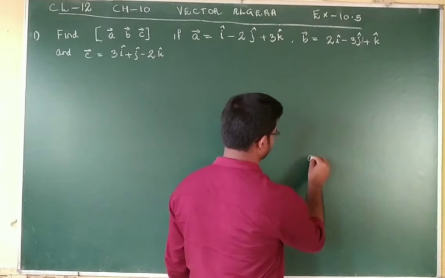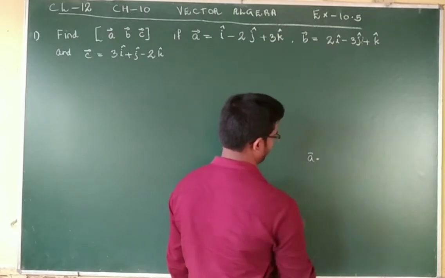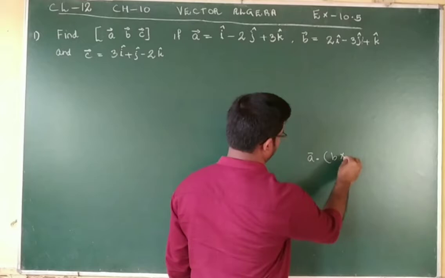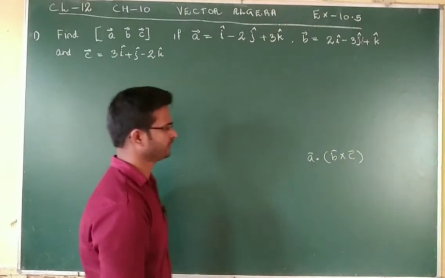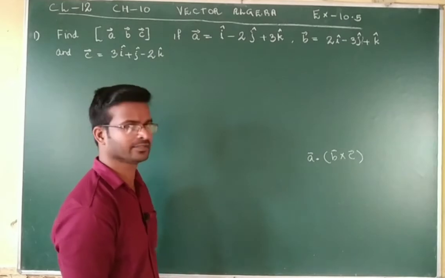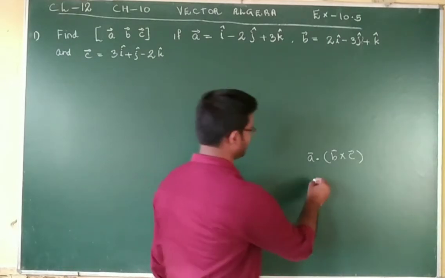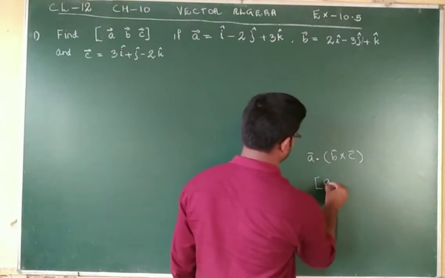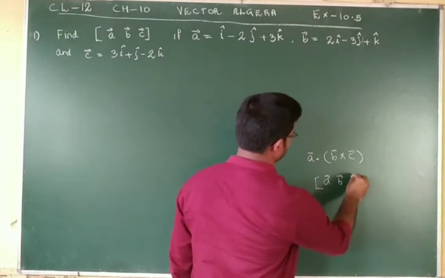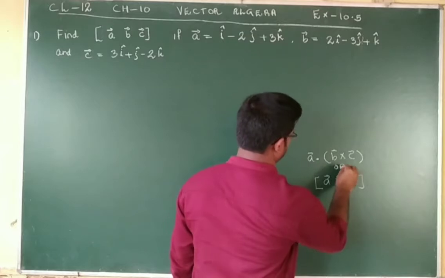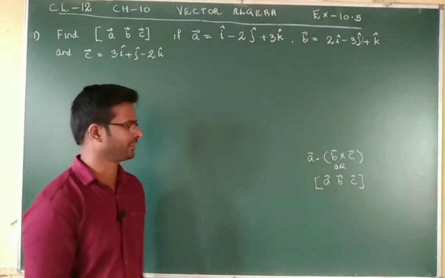For three vectors A, B and C, A dot B cross C is known as scalar triple product. The same thing we can write using square brackets: A vector, B vector, C vector.